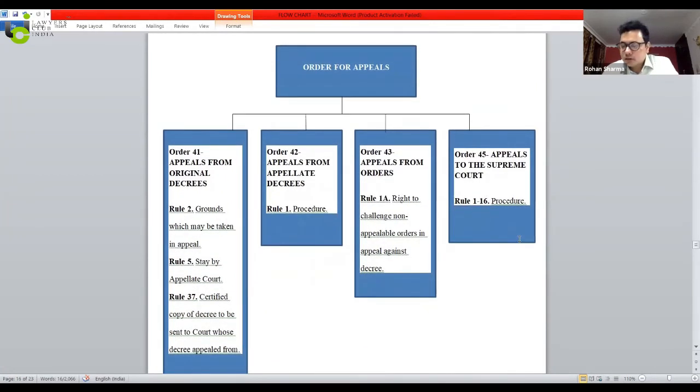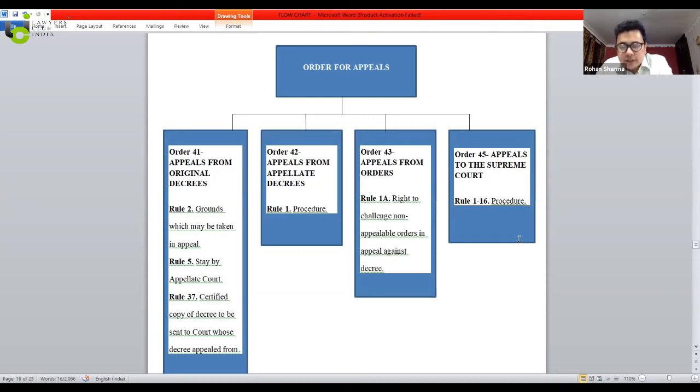So appeals under Section 96 is what you call your first appeal. The requisite orders relevant for the sections dealing with appeals are 41, 42, 43, 45, which you just see on your screens.